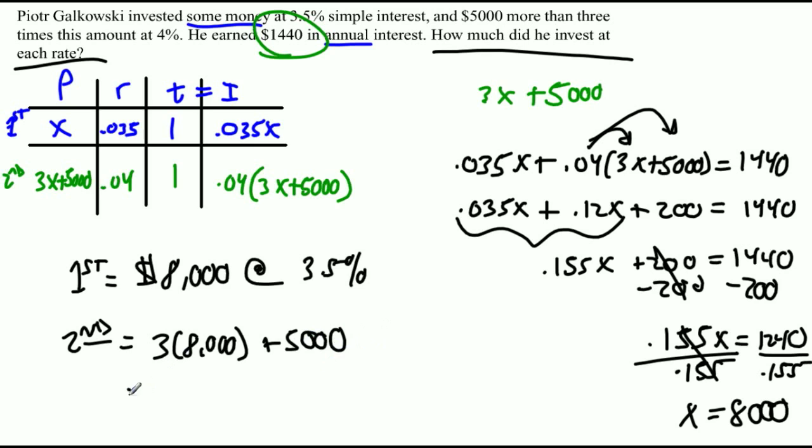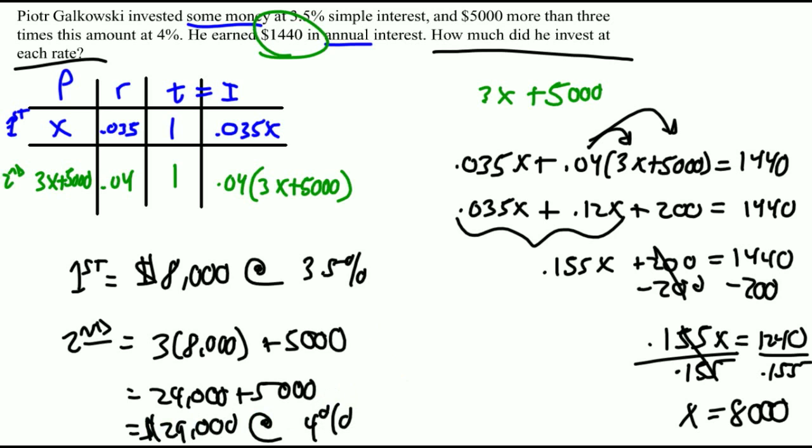And so I get 24,000 plus 5,000, and so we're going to get a nice $29,000, and that was at a rate of 4%. So we have two investments made, one at $8,000 and one at $29,000.